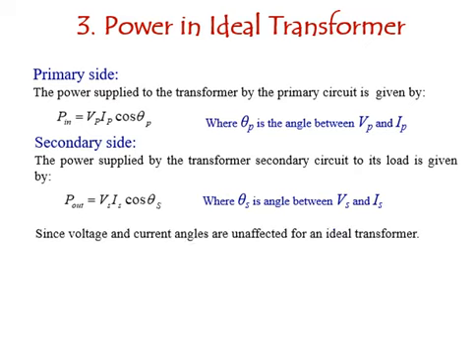Now, since the voltage and current angles are unaffected for an ideal transformer, theta p and theta s would be equal, or we can say that the difference between them would be zero.